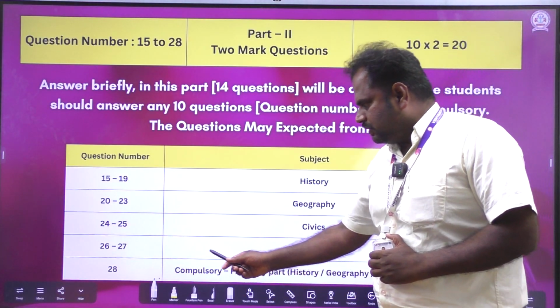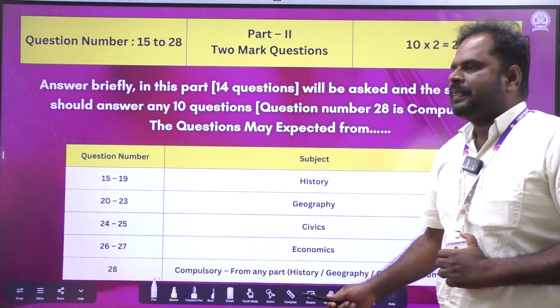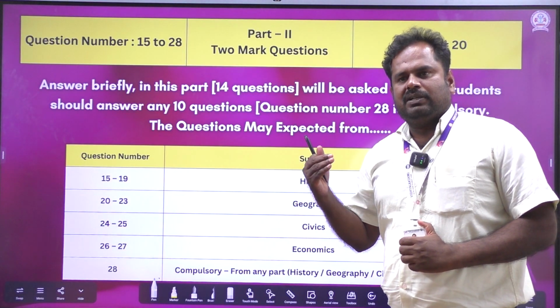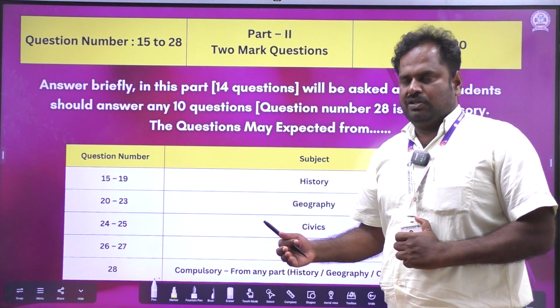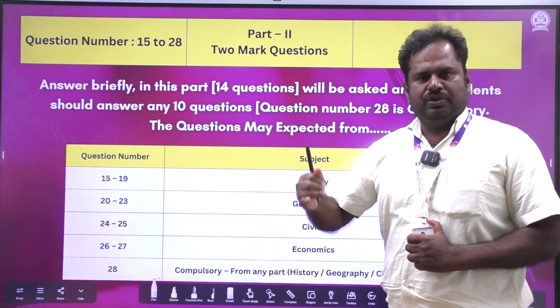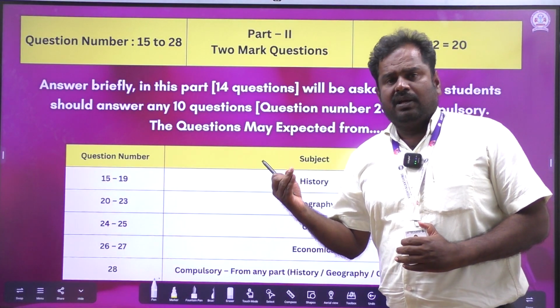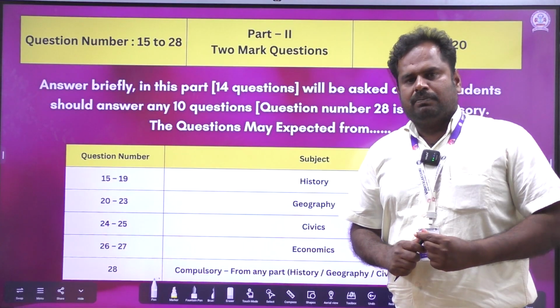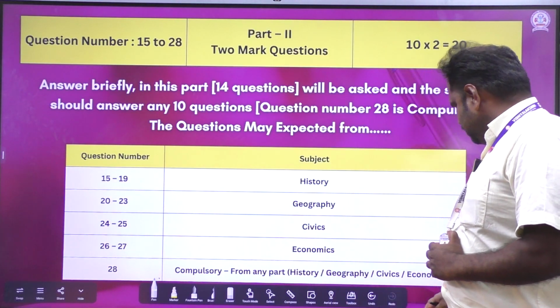So you have to focus on the 28th question. You have to prepare important content which is given in your book, as we discussed, from the Do You Know corner, HOTS questions, higher order thinking questions, and the blue color boxes.